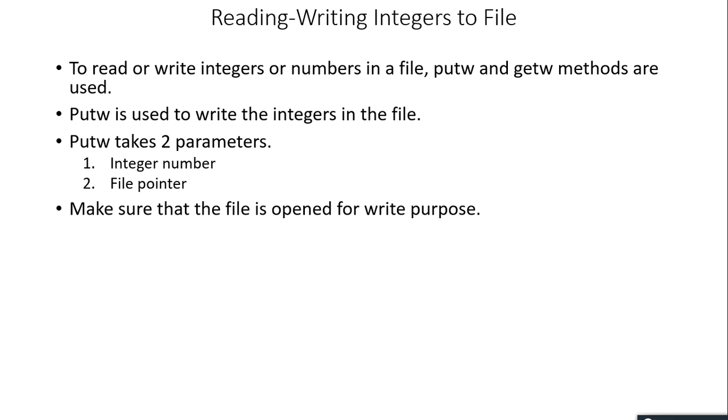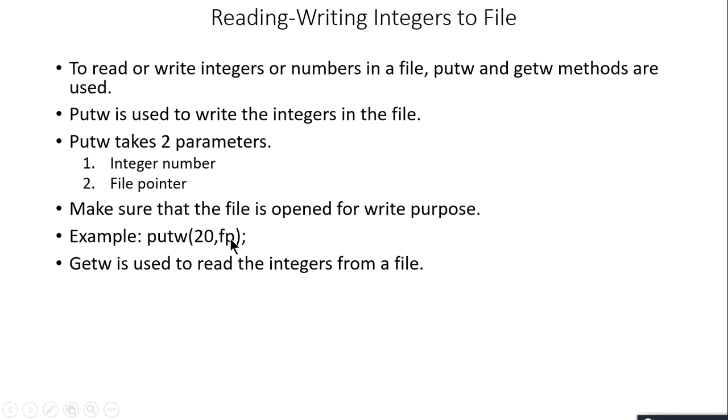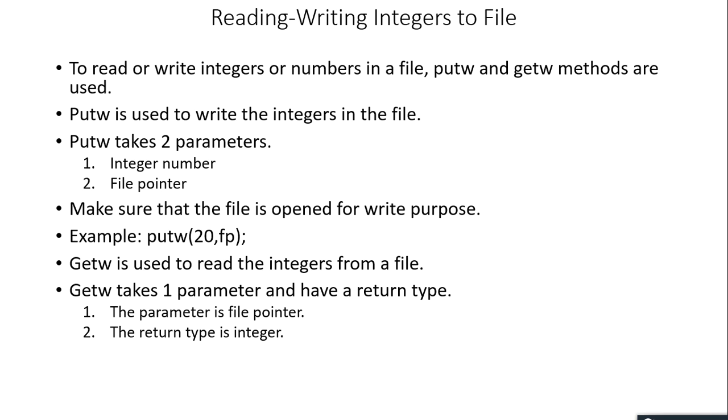To implement putw, make sure that the file is opened for the write purpose. Now this is the example, putw. Now this integer 20 will be stored in this file pointer. Okay. Similar to that, getw is possible.